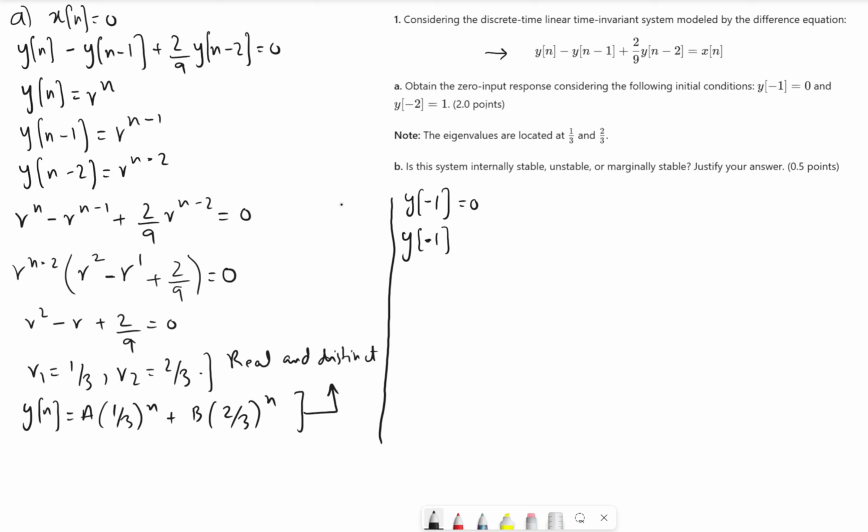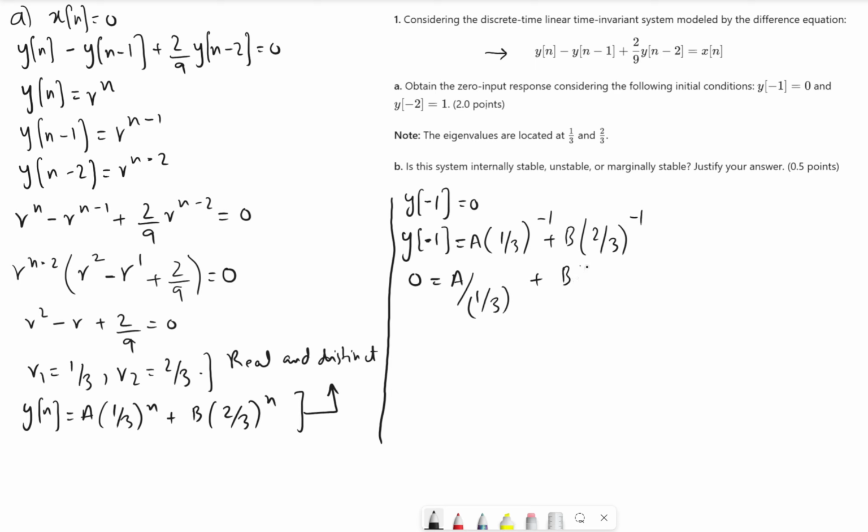So if I replace n with minus 1, I'll get a into 1 by 3 power minus 1 plus b into 2 by 3 power minus 1. And we know that y of minus 1 is equal to 0. Since the power is minus 1, I can take that in the denominator, and the power will become positive.